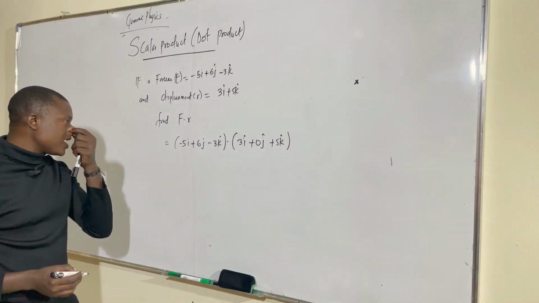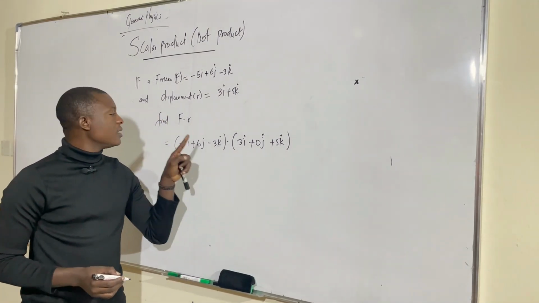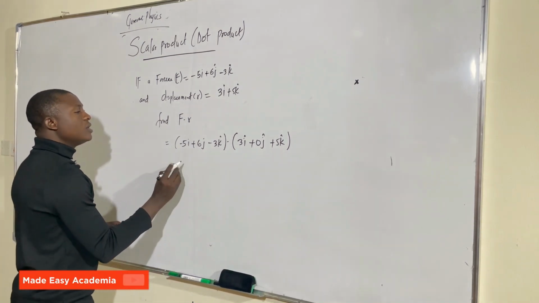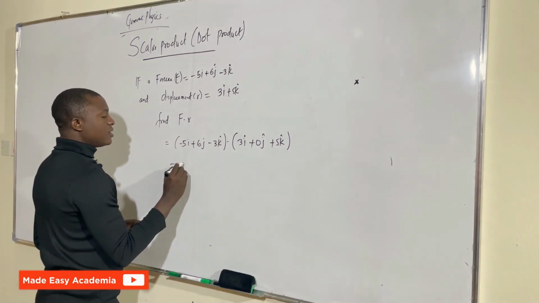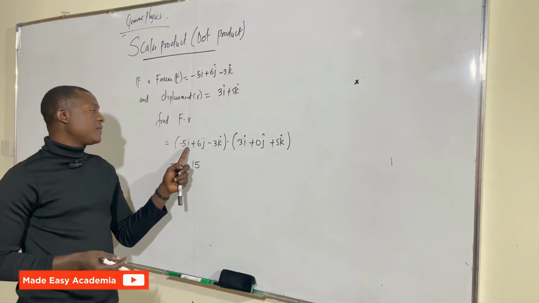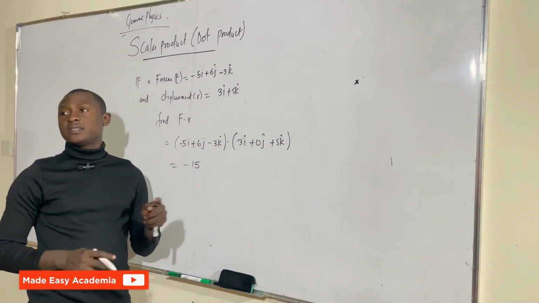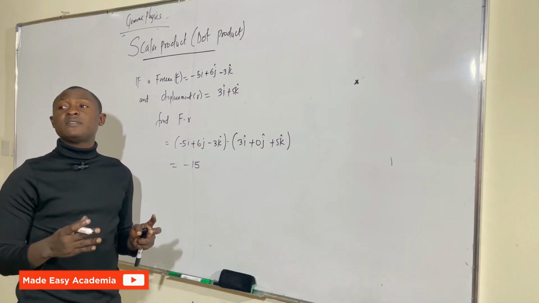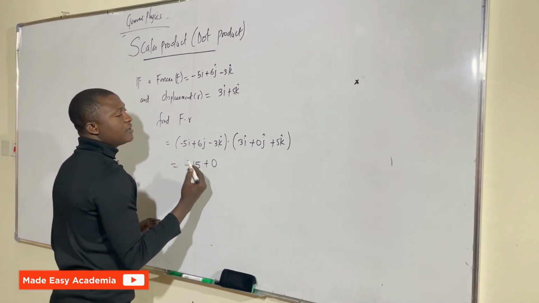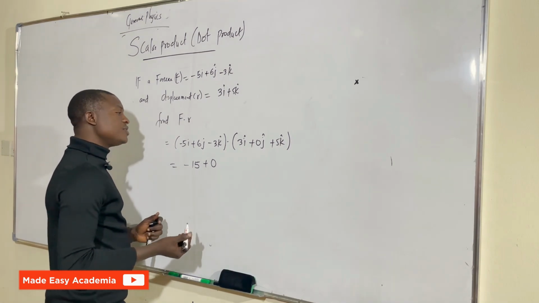So follow the same process. i for i, j for j, at the same time k for k. So now minus 5i times 3, we have minus 15. I dot i is 1, and I can only match those two that have the same direction together. Then 6j times 0, of course, we have 0.